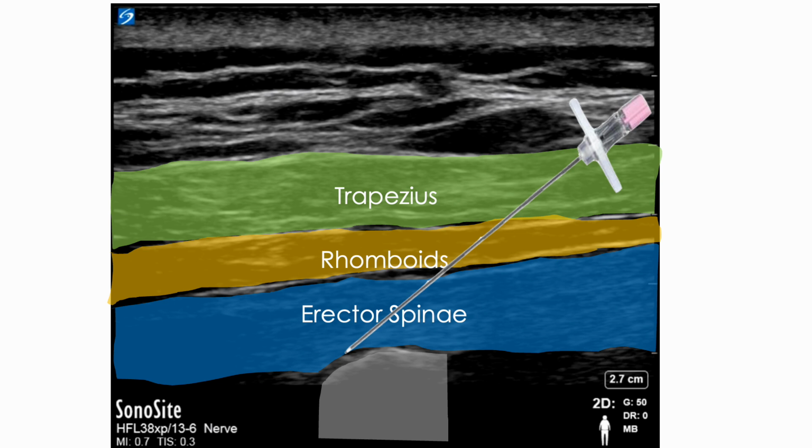A needle is placed either from a cranial to caudal direction or a caudal to cranial direction to contact the transverse process, and local anesthetic is injected in the fascial plane under the erector spinae, lying superficial to the transverse process.